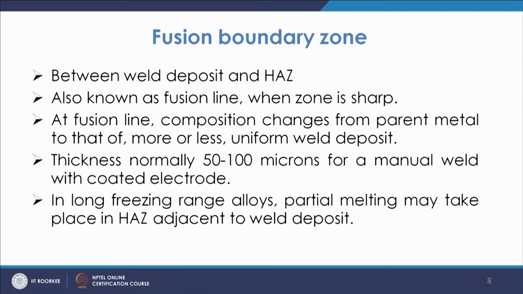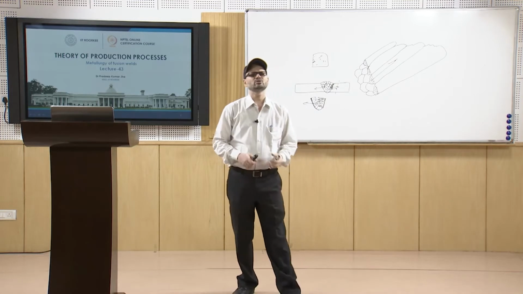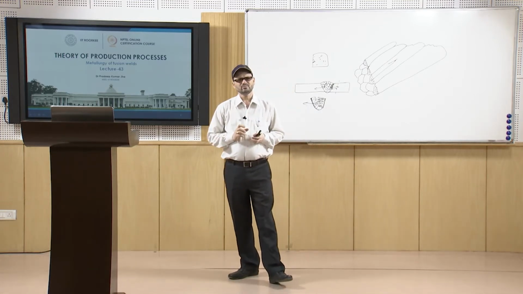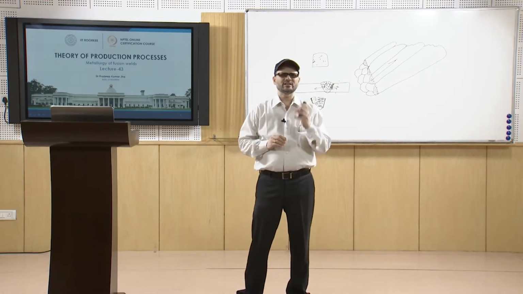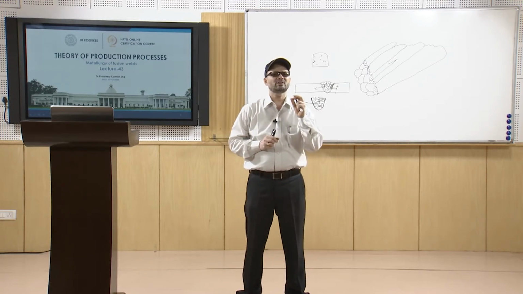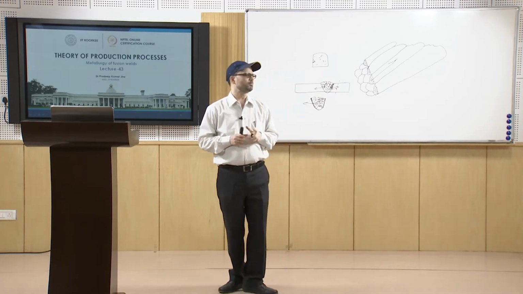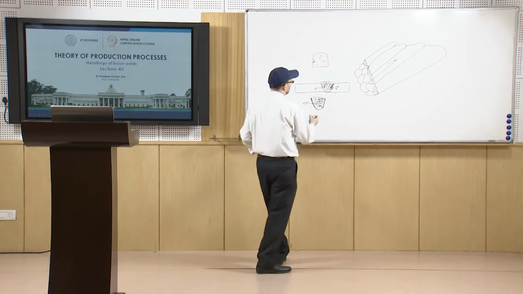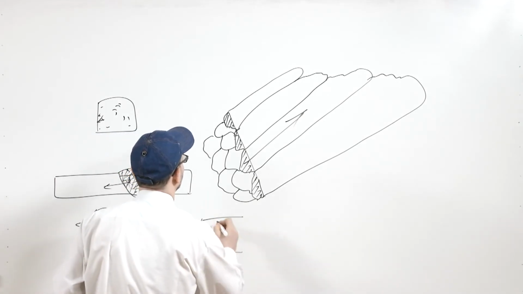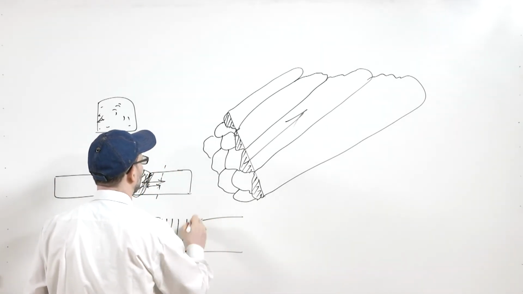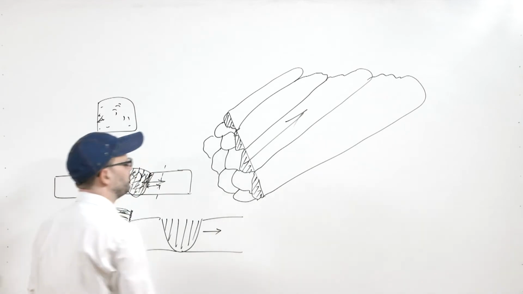Now, this zone sometimes is very sharp, so this is also known as the fusion line. What happens basically at the fusion line or fusion zone? As you see, the composition is changing from parent metal to a more or less uniform weld deposit. This side you have the weld deposit, that is weld metal, and this side you have the heat affected zone.